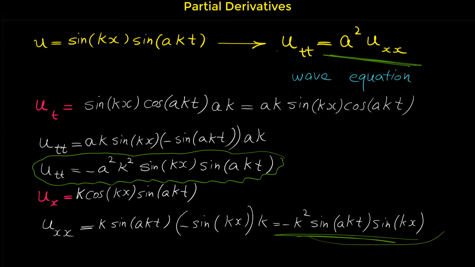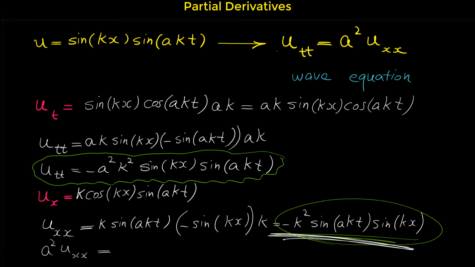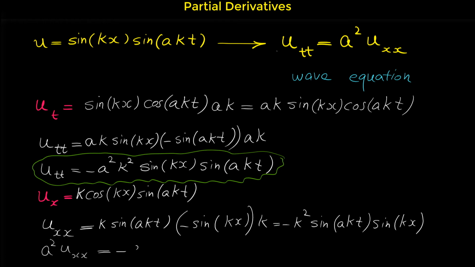If we multiply this by a squared, which we have here, we get negative a squared k squared sine of akt sine of kx.